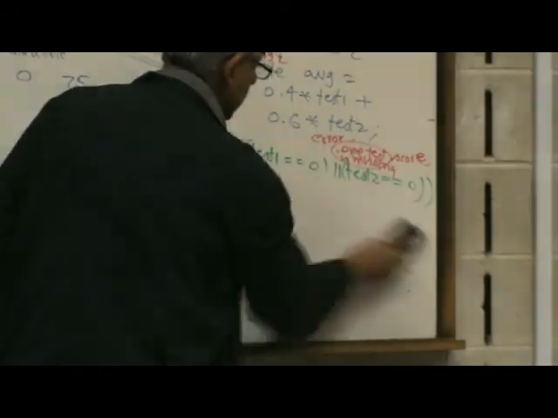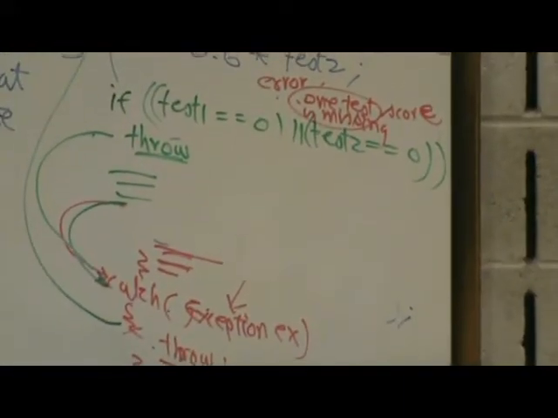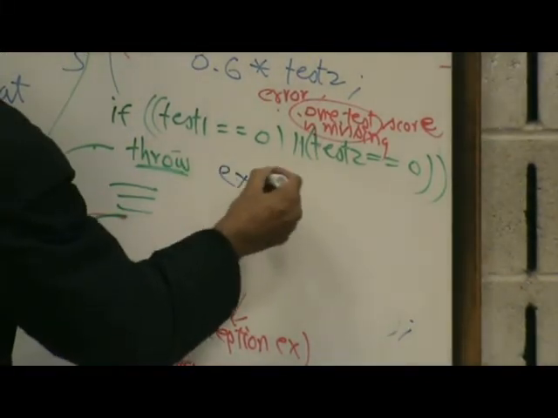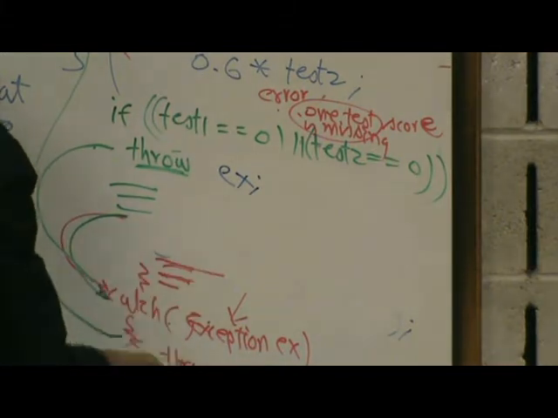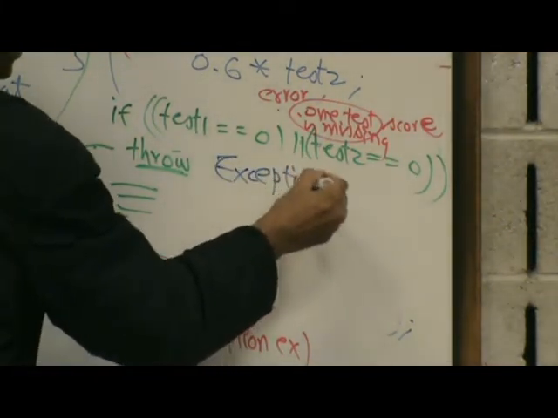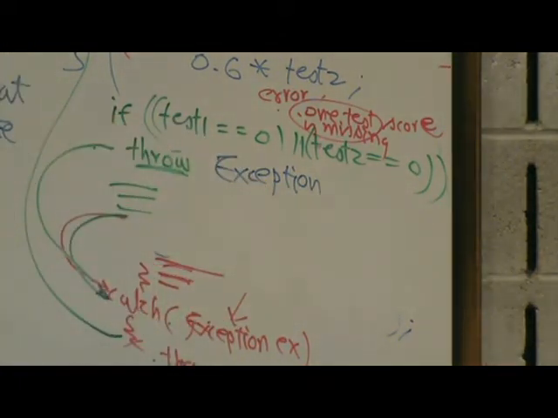So let's say we simply say throw exception EX. Throw EX, but there is no EX over there. That doesn't make any sense. Exception is a base class. See, we throw a real error. It's like saying if I throw this, I'm throwing a marker.